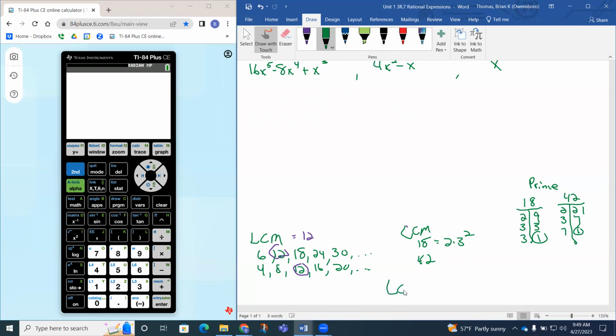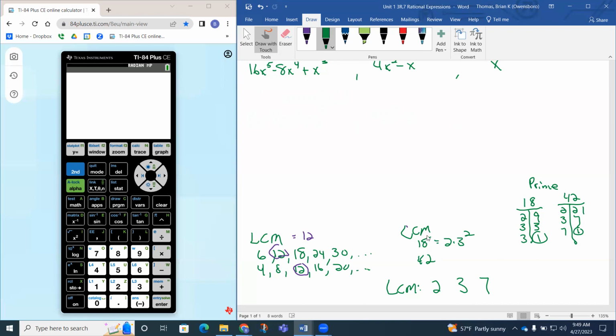So if I want to do the least common multiple, what you have to do is identify the different factors. It doesn't have to be in common. It's just identify the different factors. So a 2, there's a 3, and a 7. So you just list the different factors.